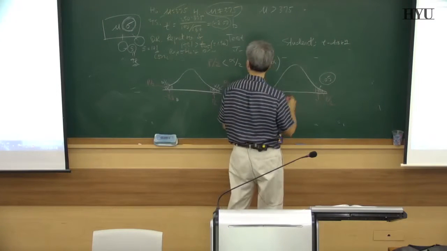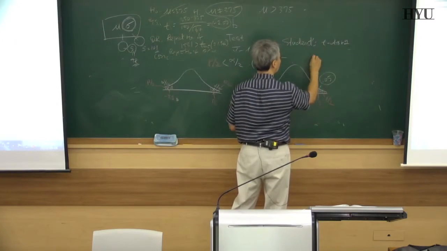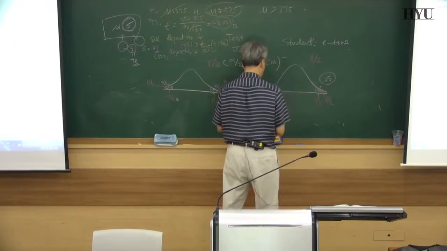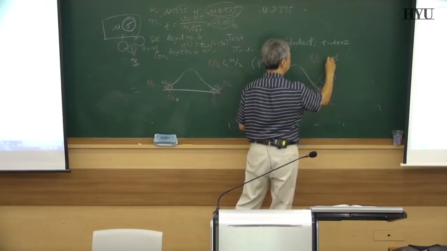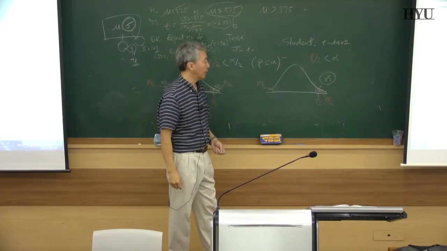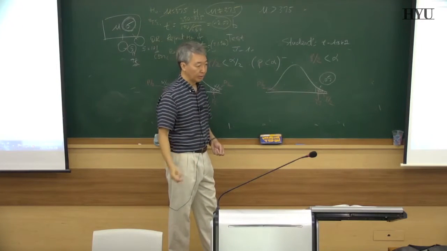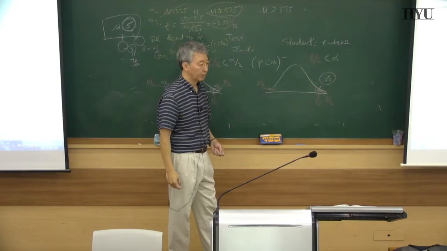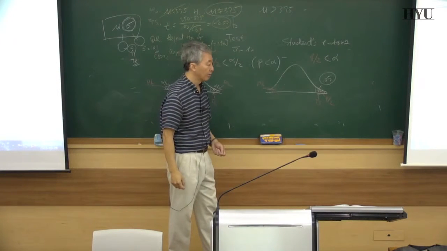So you're comparing half of p to the entire alpha, and if half of p is less than alpha, you reject the null hypothesis.